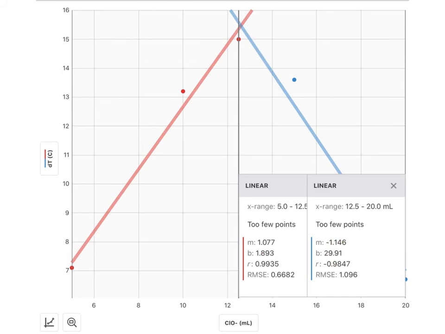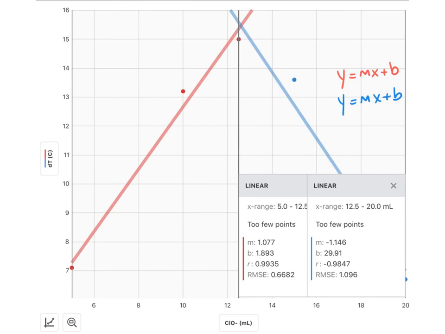Now if you remember from algebra, if you take two lines and set them equal to each other, substituting in y of one for y of another, you have mx plus b is equal to mx plus b. And if you solve for x, you will be able to determine the exact volume along the horizontal axis at which these two lines would intersect, taking into account the maximum delta T on the vertical axis.